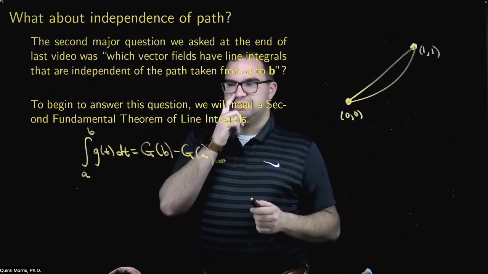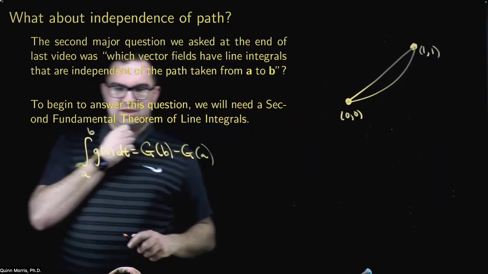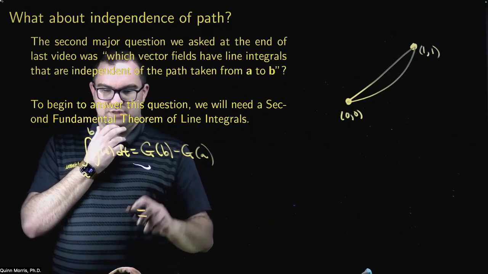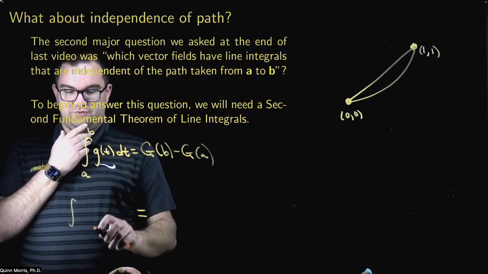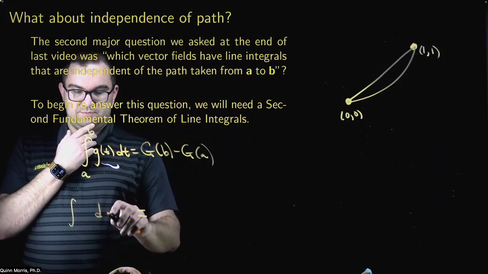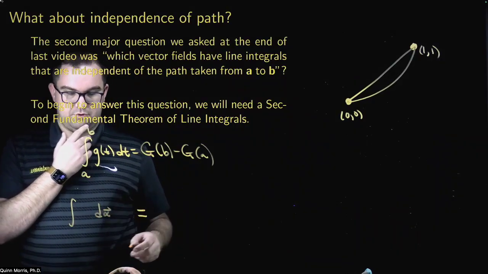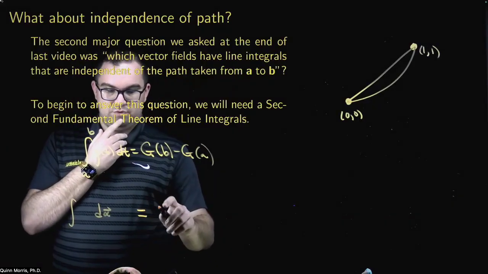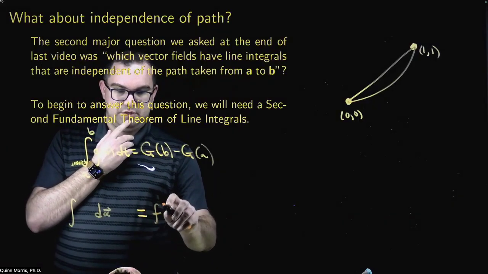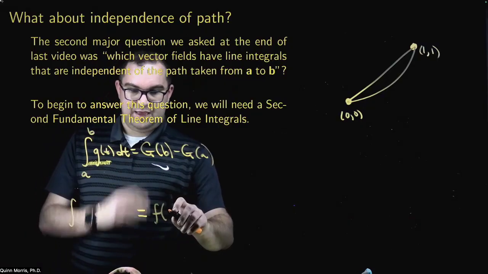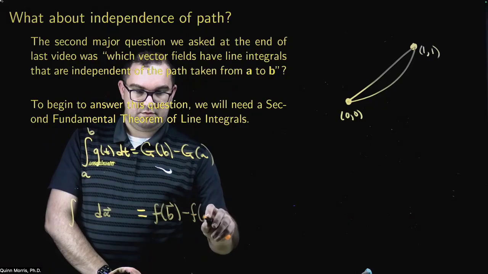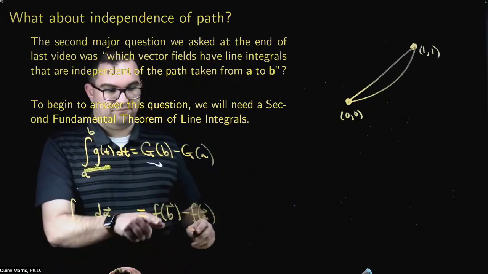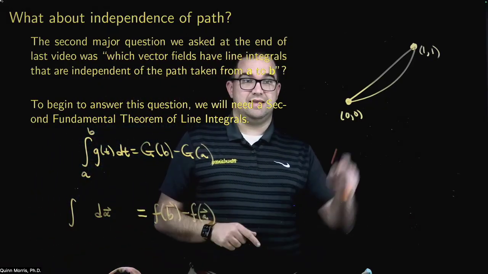But again, it's reasonable to wonder, could I come up with some formulation where I have the line integral of a vector field with respect to some parameterization equal to some function f evaluated at, say, the endpoints?